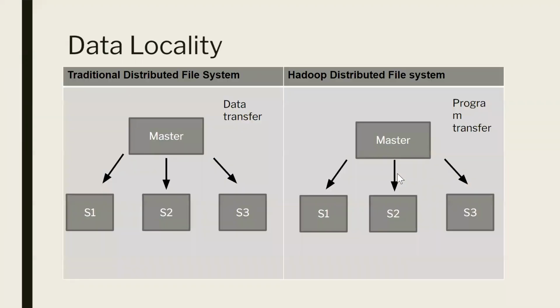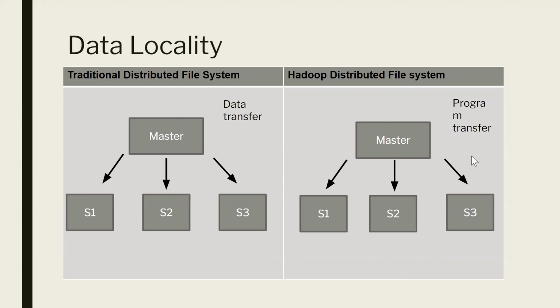Let's move on. Now the topic is data locality. So what is data locality? On the left hand side, you can see the traditional DFS, and you can see the similar thing on the right hand side, the HDFS.